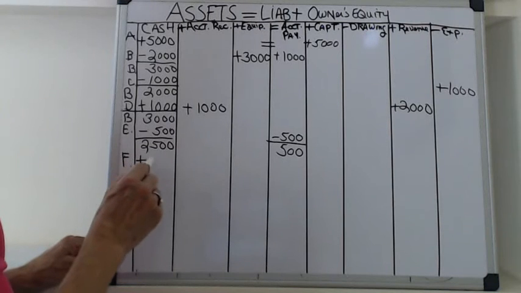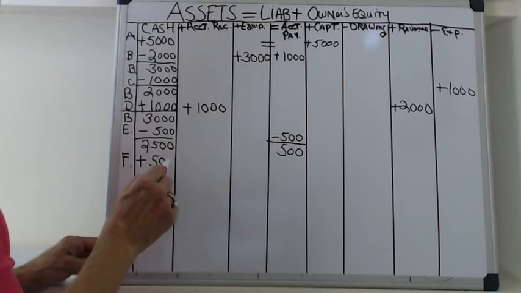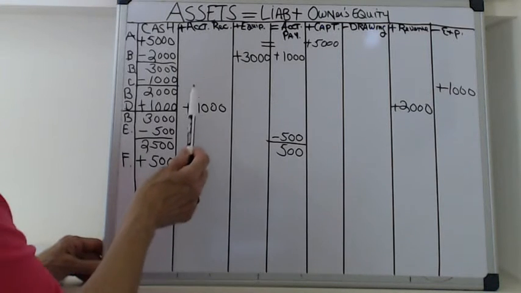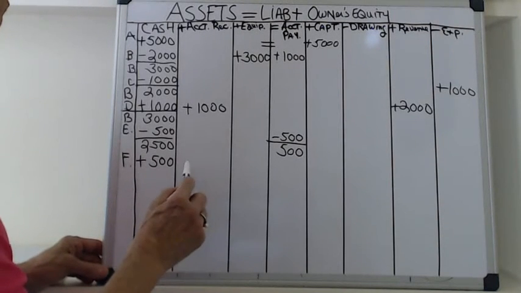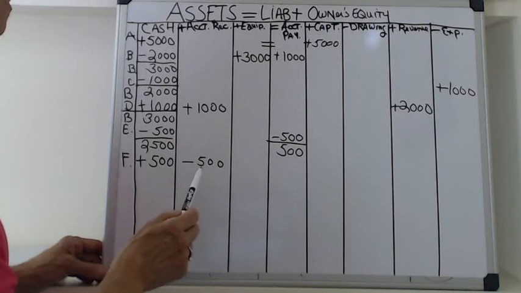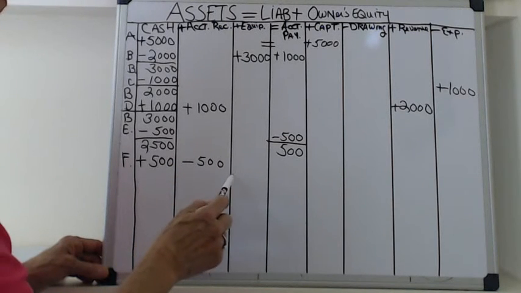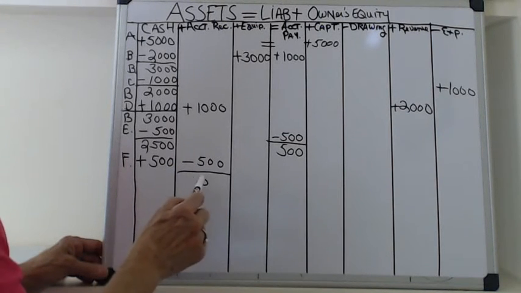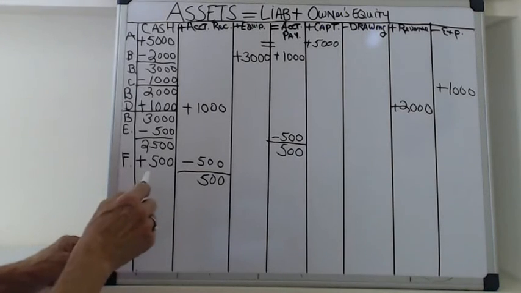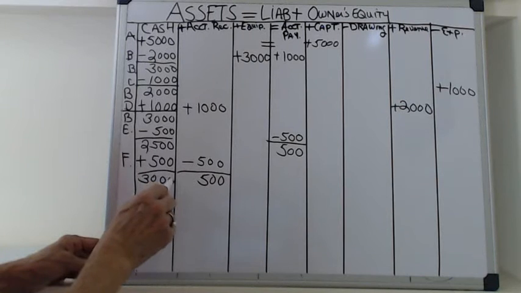He receives $500 on account. $500 he received, we're putting it in cash, and we're going to go to account receivable and minus $500 because that lady owed him $1,000. She's making a payment of $500 to him. So now her balance is $500. She only owes $500. So he needs to still receive $500. And now he has $3,000 in cash.